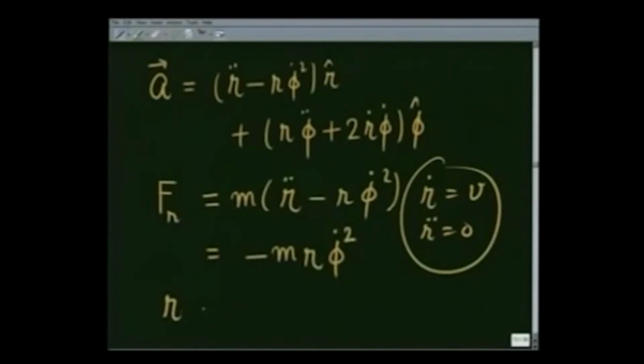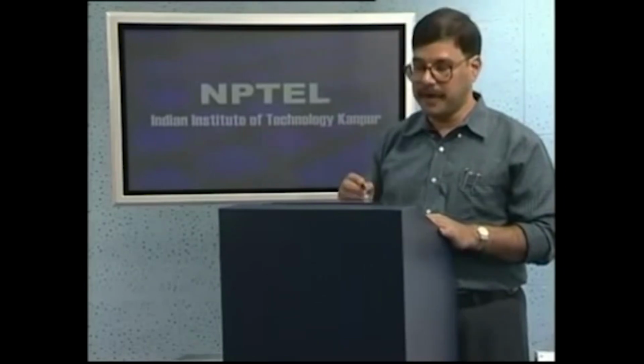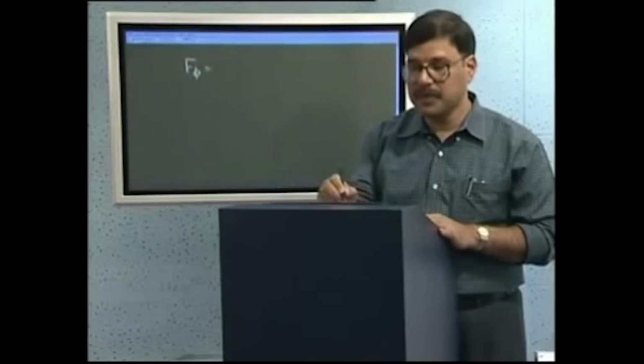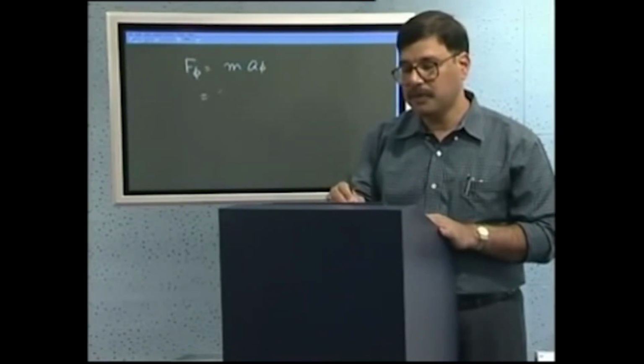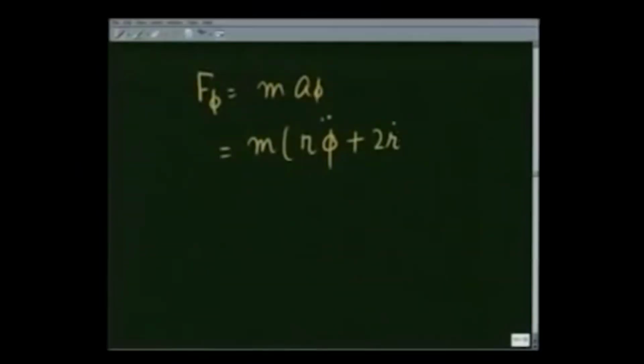Also, r is going to be its initial r0 minus vt, because r just keeps on decreasing at a constant rate. On the other hand, since there is no frictional force, there is no force in the φ direction, and therefore I have Fφ, which is equal to m aφ, which is equal to m(r φ double dot plus 2 ṙ φ-dot), equal to 0.